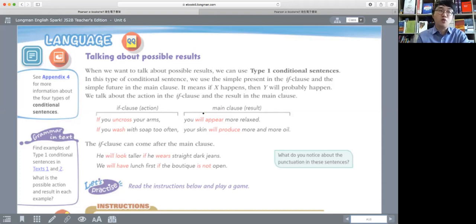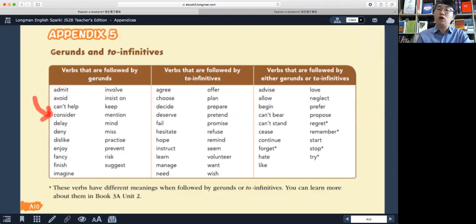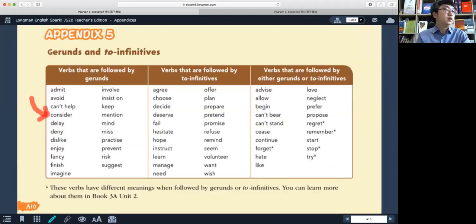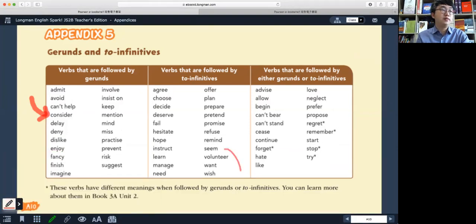So let's see where seem is. Okay, look at the column in the middle. Can you see the word seem here? So this is our verb, which is followed by to-infinitives.